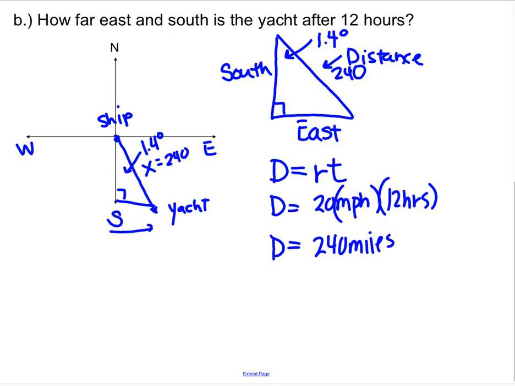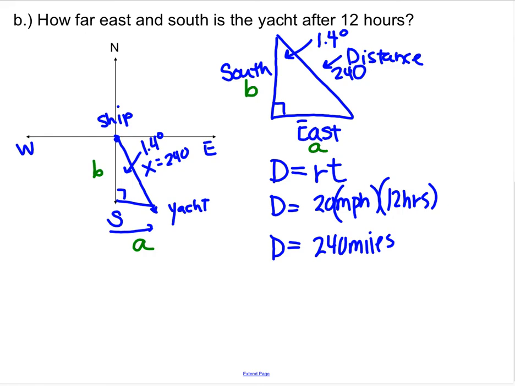What it's asking us to find is how far east and how far south the yacht has traveled. So I need to find this distance here in the direction of the east and how far in the direction of the south. I'm going to go over to my right triangle here. I want to find this distance A and this distance B. We're going to use right triangle trig to do that.